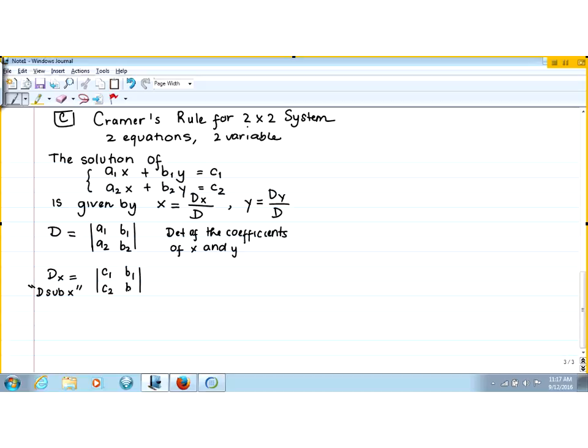So this one is C1, C2, B1, B2. So replace the coefficient of x by the elements on the right-hand side. So this is your coefficient of x, but I have to replace it with my right-hand side.